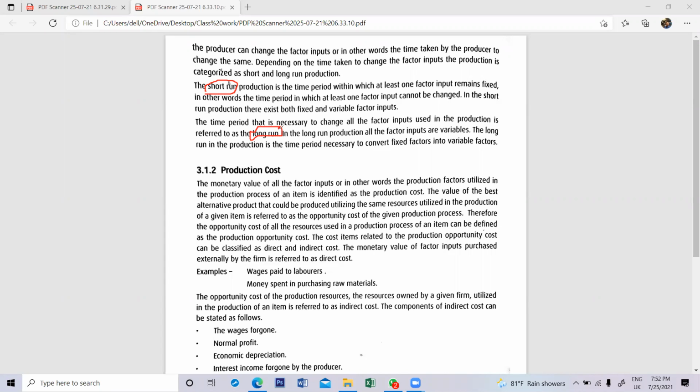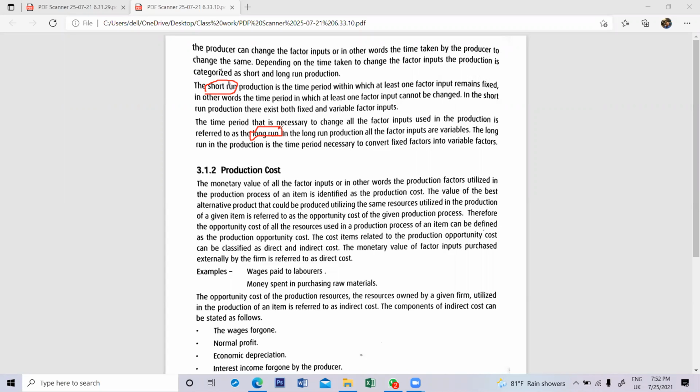So under the short run, the firm may employ both factors, but fixed factors such as capital are assumed to be held constant. Fixed factors are held constant while other variable factors are increased in order to increase the production. It is called short run.